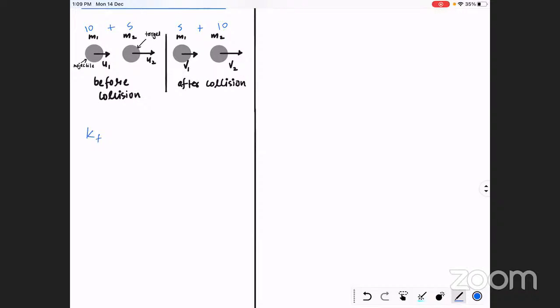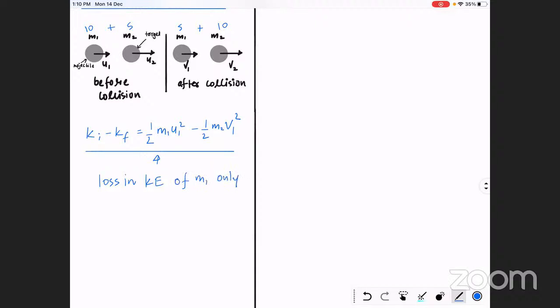So be very careful. Look at the board, everyone. Initial kinetic energy minus final kinetic energy of projectile is 1 by 2 m1 u1 square minus 1 by 2 m1 v1 square. Okay. So what is this? Loss in kinetic energy of system or loss in kinetic energy of M1 only?